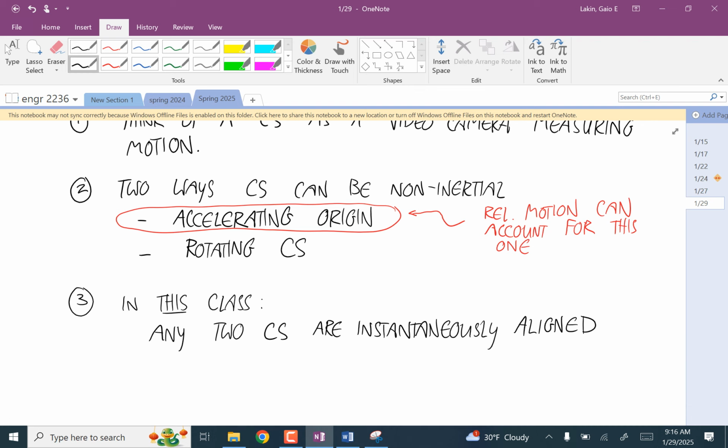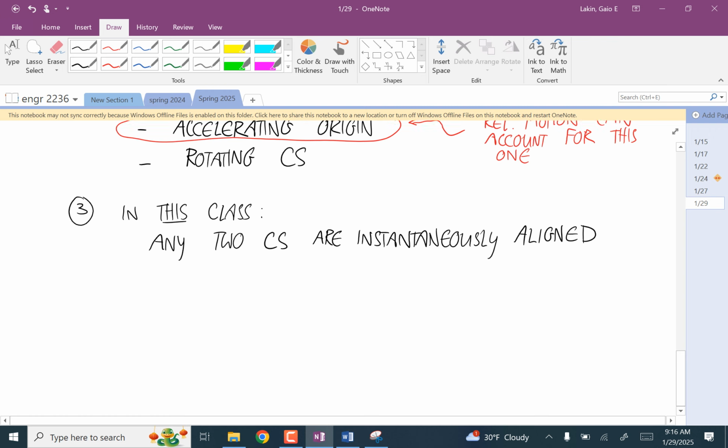And later when we're talking about rotating coordinate systems, we'll have one coordinate system whose orientation is changing in time, but at the instant that we're thinking of, they're always going to be instantaneously aligned, boom, this is where we're considering it, and then it moves past, okay? So it's not super hard, but in this class, we're not going to deal with a case where those have different alignments.